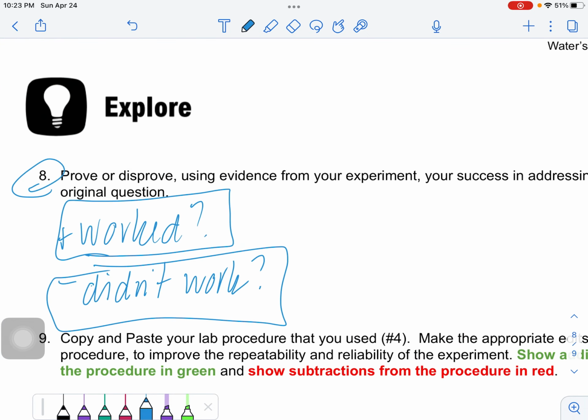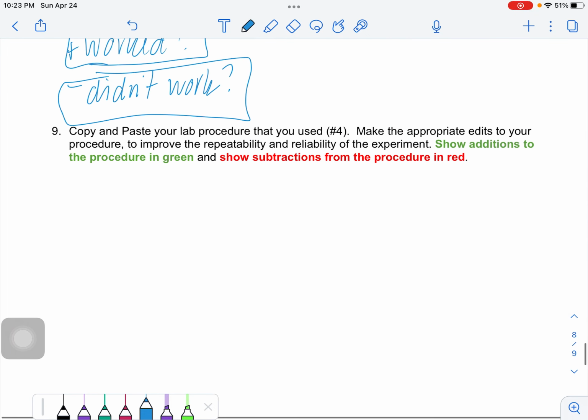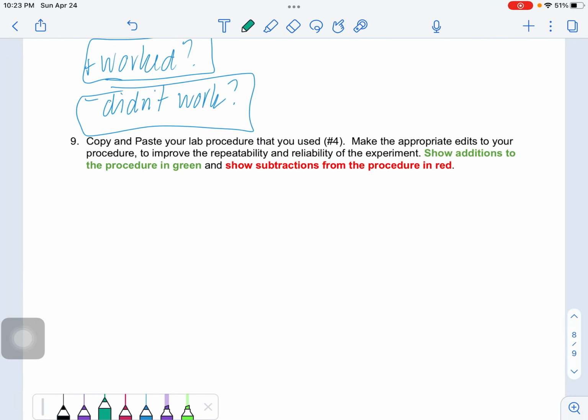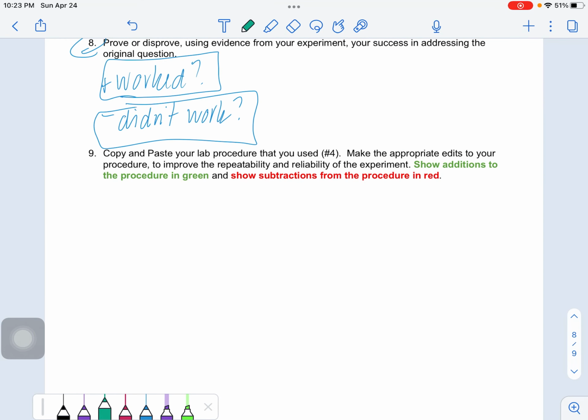And that brings us to our last one here, number 9. We asked you to write your lab procedure earlier. You wrote it up there in part 1, question number 4. And that was hard to do because we really weren't sure what the lab totally entailed.